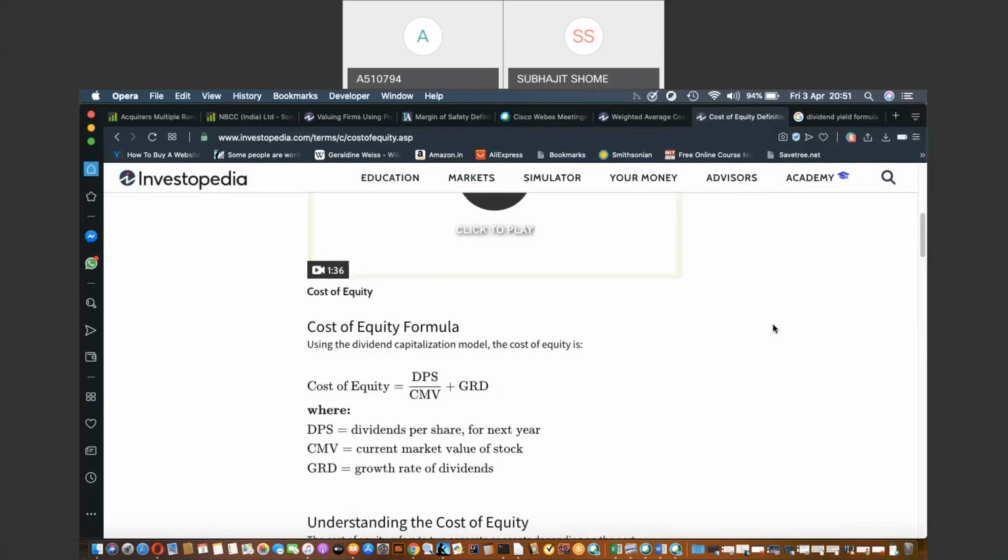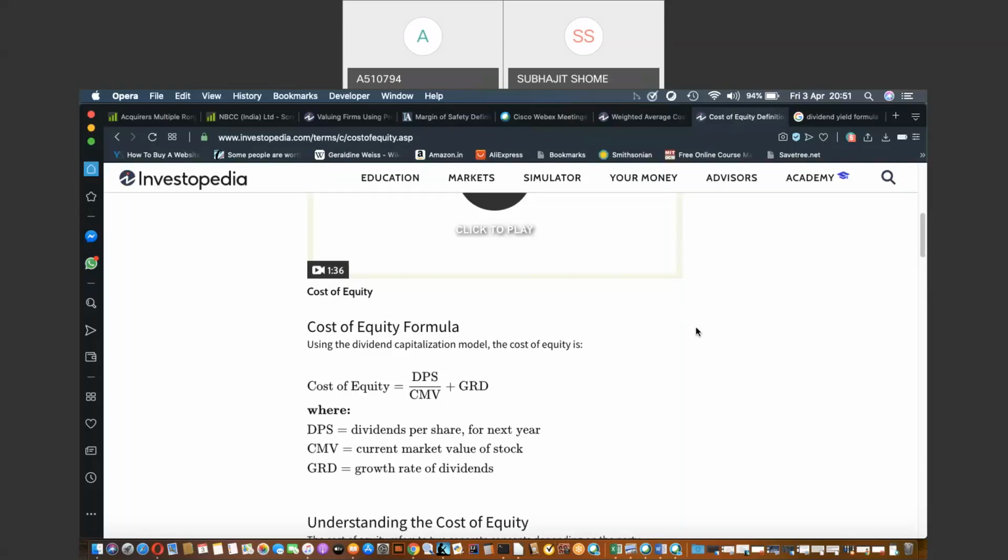We are taking approximately 0.002. Plus 0.1, so how much is it? You add, it will be 0.102. So cost of equity is 0.102.